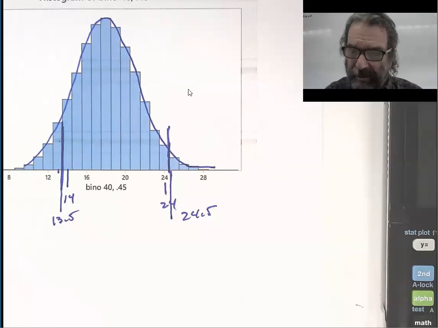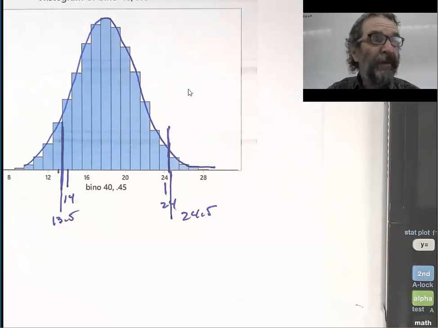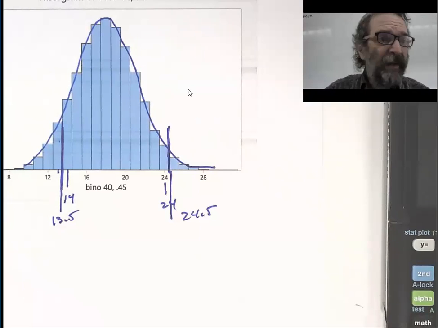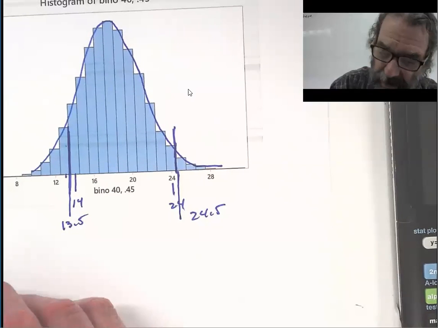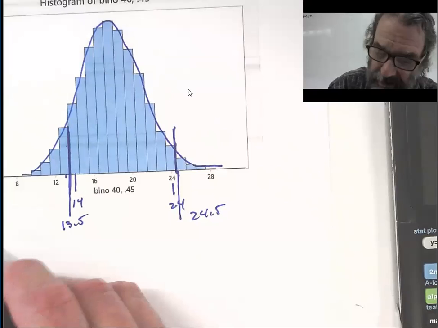The curve does, because where it is above the rectangles, it gives you a little bit extra, and where it's below, it gives you a little bit less, but those two cancel each other out. So we're going to go ahead and compute some z's. Remember, z is x minus mu over sigma.